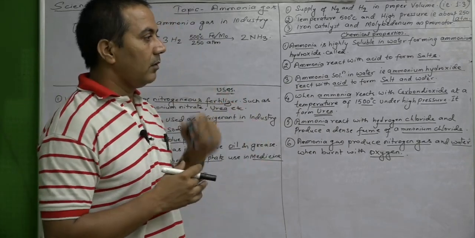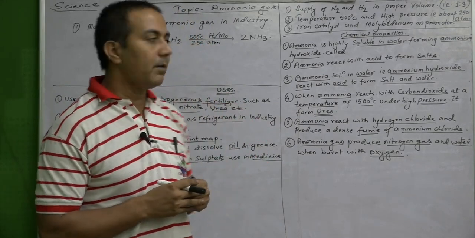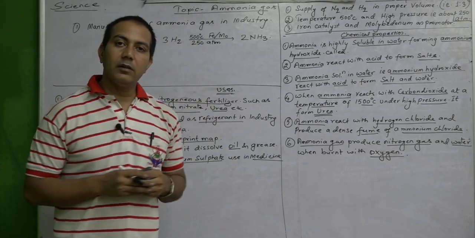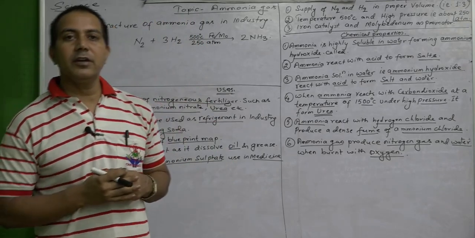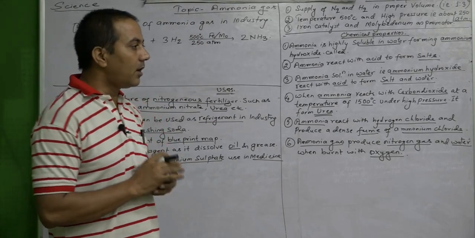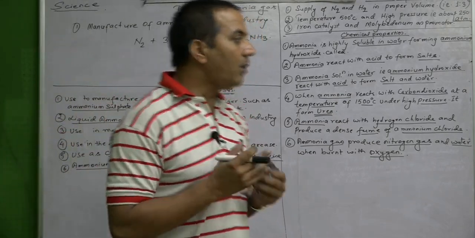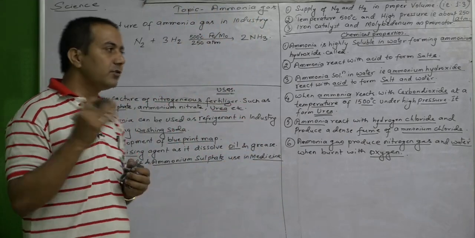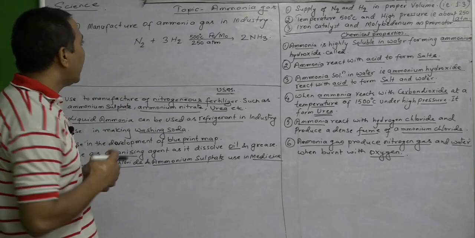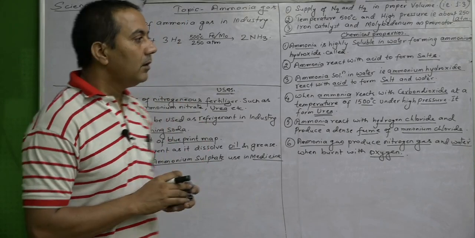Today we will start with the commercial preparation of ammonia gas, which is required for the agriculture industry, that is, the chemical fertilizer industry for the preparation of different chemical fertilizers. So, how is it prepared in industry? The first topic is the manufacturing of ammonia gas in industry. How is it done?